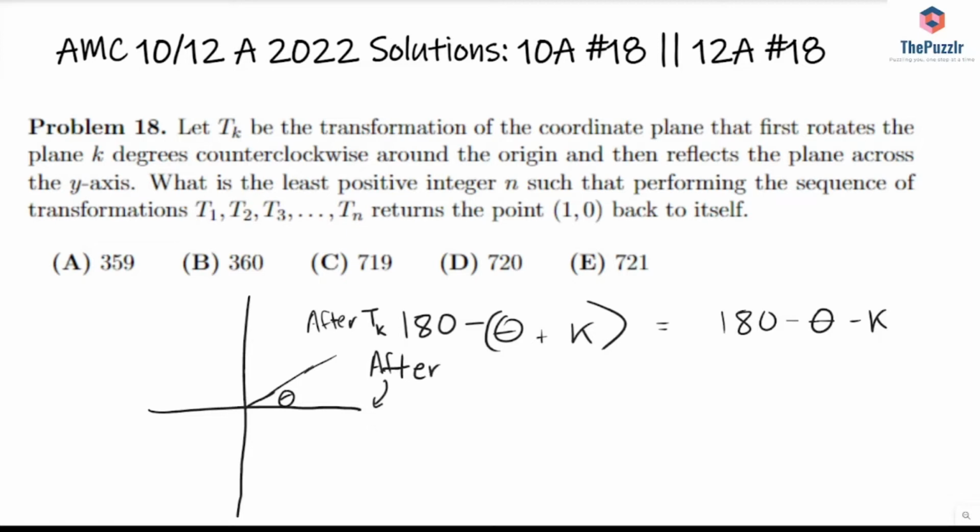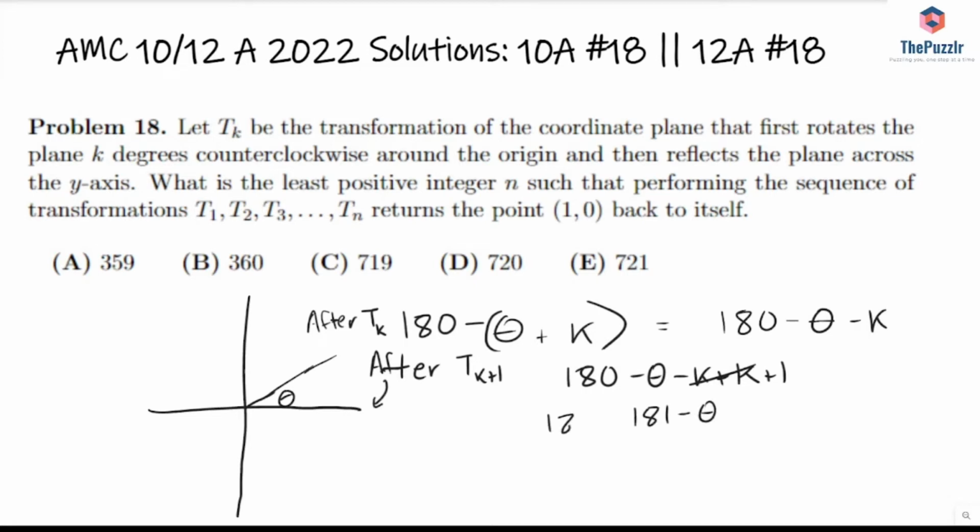What about after the next transformation, T_(k+1)? Now we take the same thing and add k plus 1 degrees to it. So we get 180 minus theta minus k plus 1. The k's cancel out. We get 181 minus theta.